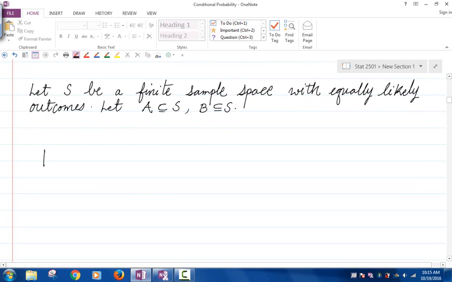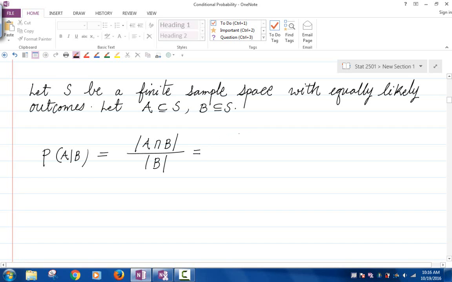So in the previous two examples, we said that the probability of A given B is equal to the number of elements of A intersect B divided by the number of elements of B. This is what we said. What I'm going to do now is a bit of algebra.